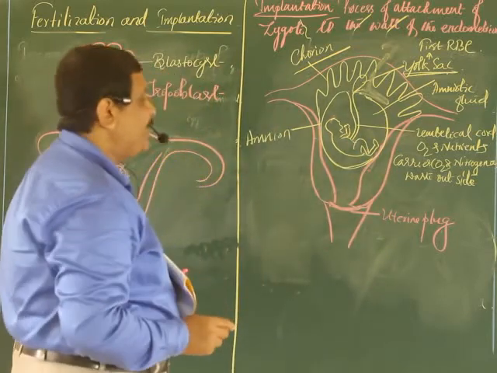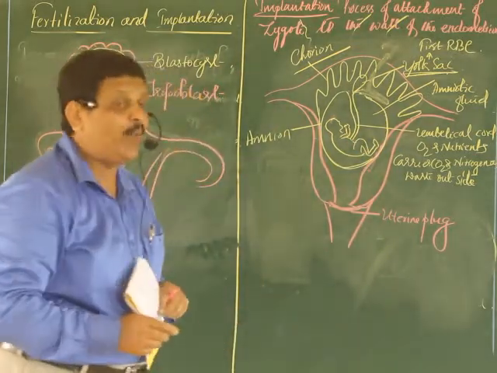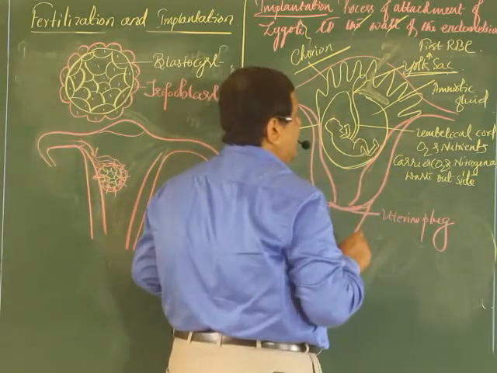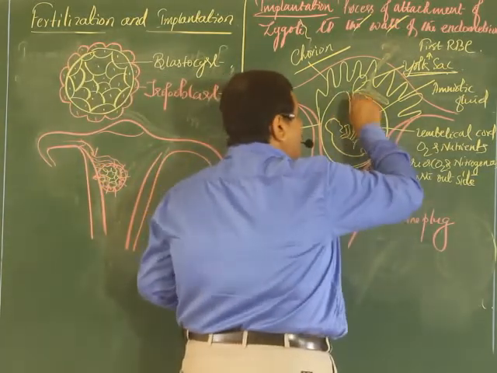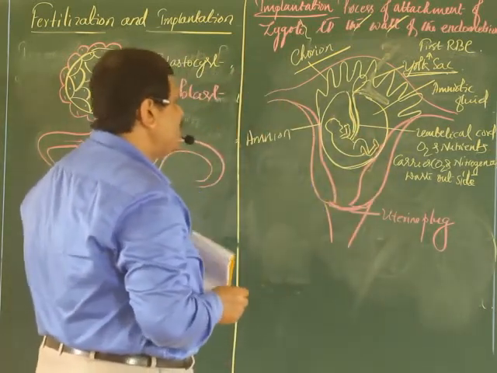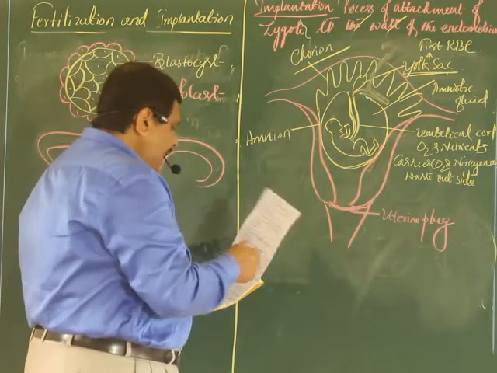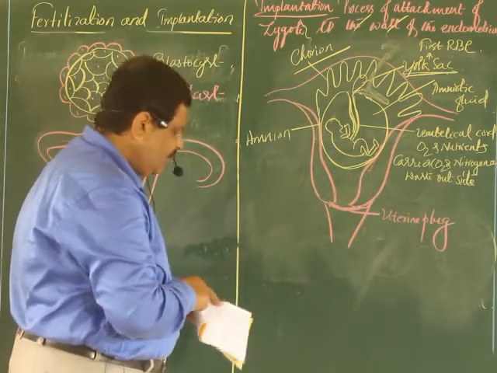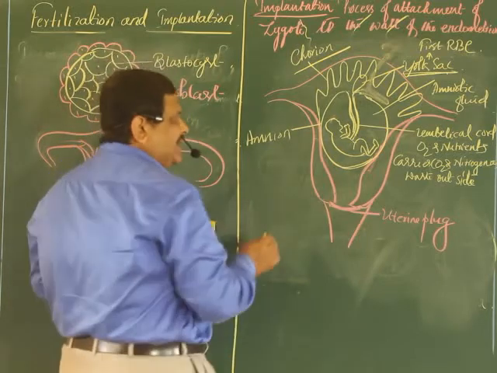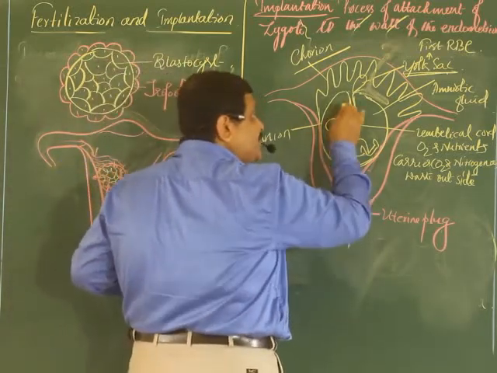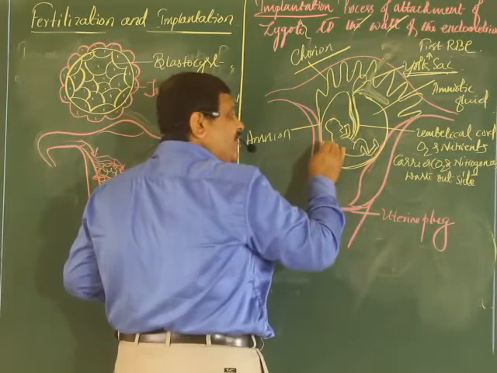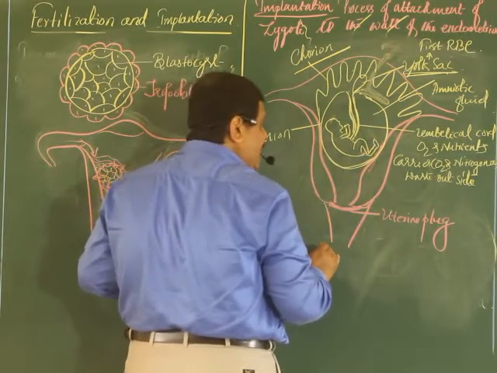And the placenta has two parts, the maternal part and the fetal part. And this umbilical cord provides the nutrients to the developing child. And then, after the complete growth of the child, the space is not enough for the child to move, so it feels some sort of irritation.